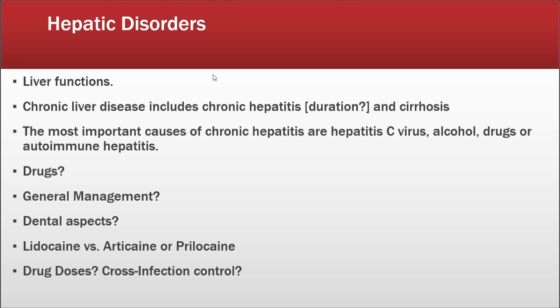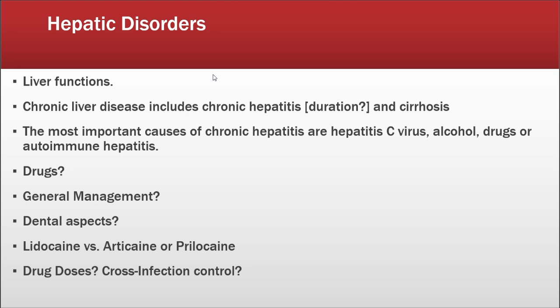For chronic hepatitis, the most common causes are hepatitis C, alcohol, drugs, or autoimmune hepatitis. Now, these patients might be on immunosuppressants, these patients might be taking antibiotics, these patients might have a lot of problems, and that's why we need to be careful. Most important for us, these patients might be on anticoagulants.